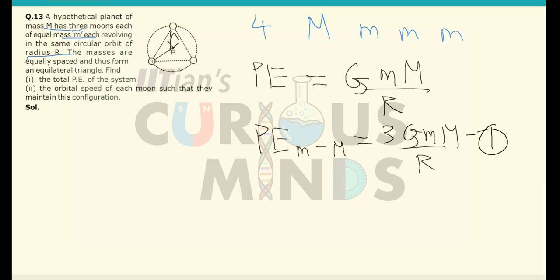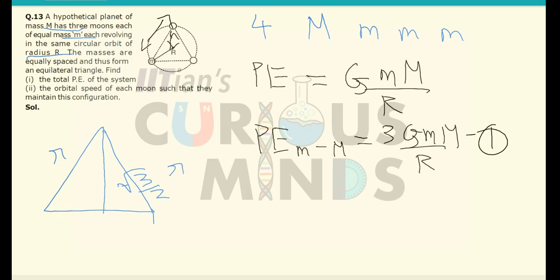Now let me consider the interaction energy between 2 satellites. Let us first find this distance. We can find it by using the altitude of the equilateral triangle. If this distance is equal to r, the altitude will be root 3 divided by 2 into r, and the distance to the centroid, where the planet is situated, is 2 by 3 times root 3 by 2 into r.